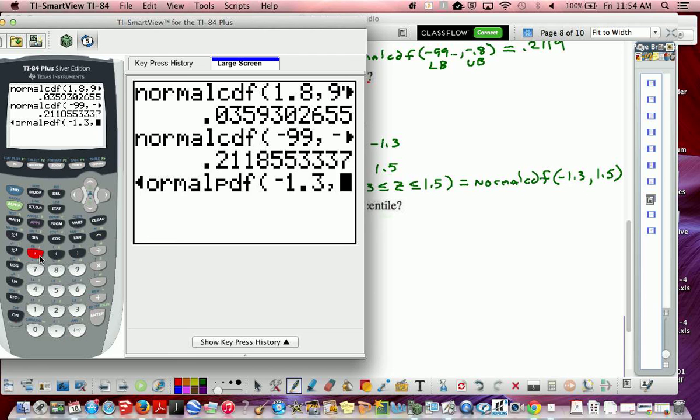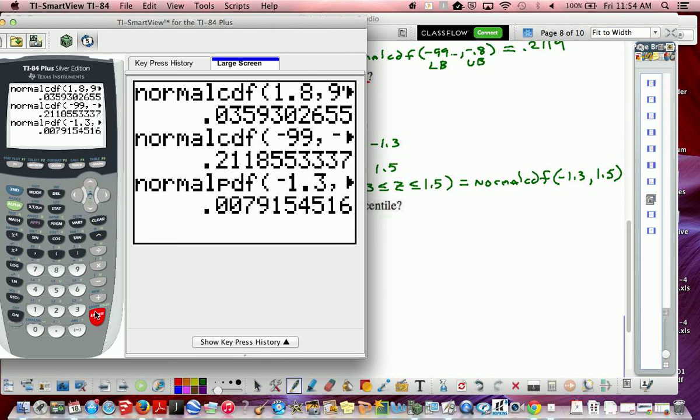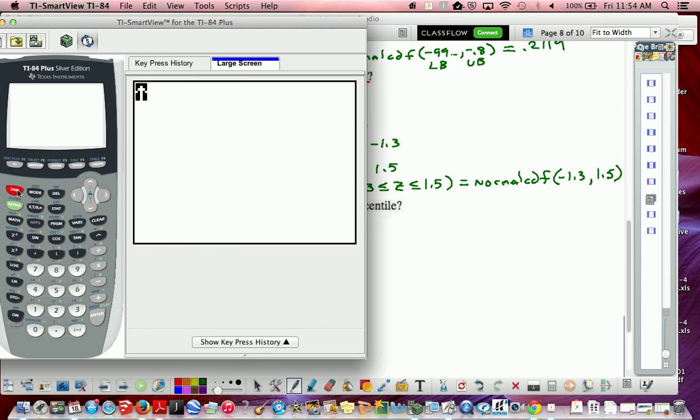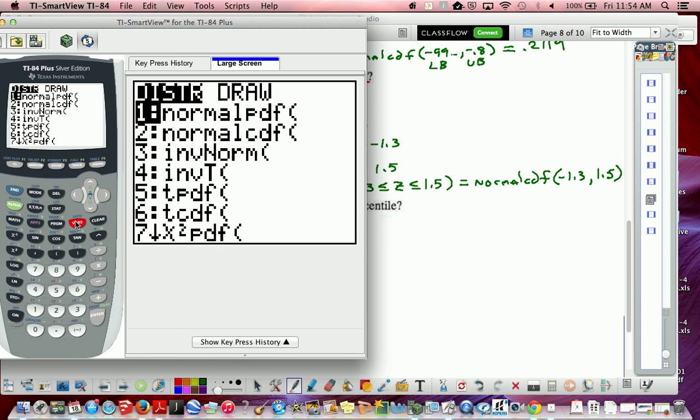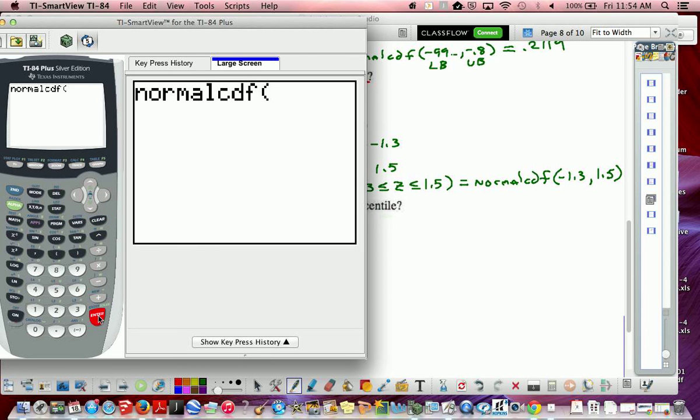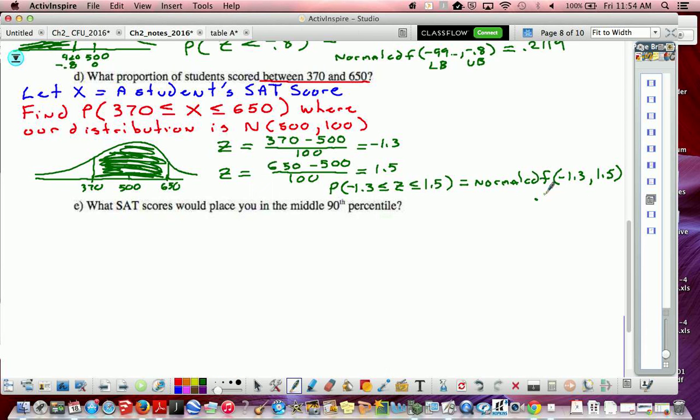Thank goodness I caught that now, to 1.5. What? That's not right. Something went wrong. Start again. Second VARS, normal CDF, negative 1.3, comma, 1.5. There we go. 0.8364.